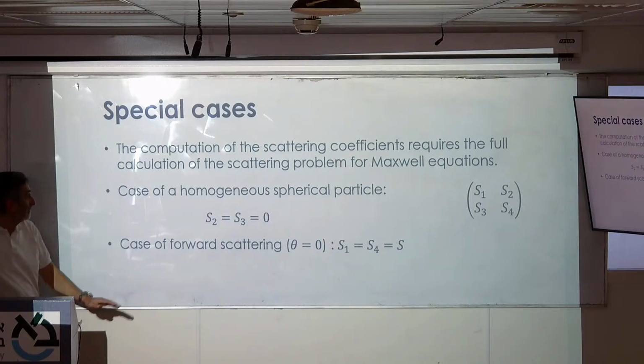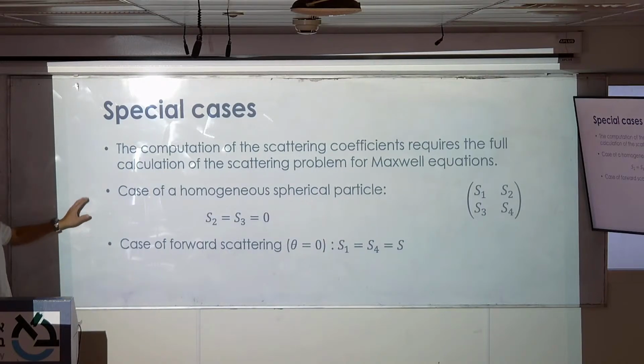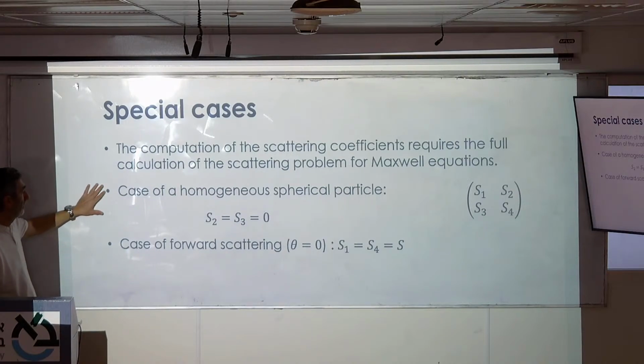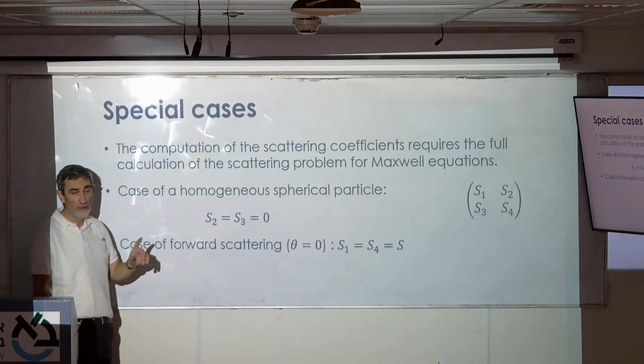Okay, so just to finish this part, special cases. In principle, it can be quite heavy computation. Computation of the scattering coefficient requires the full calculation of the scattering problem for the Maxwell equations. That's actually what is done in this small program. The simple case is the case of a homogeneous spherical particle.